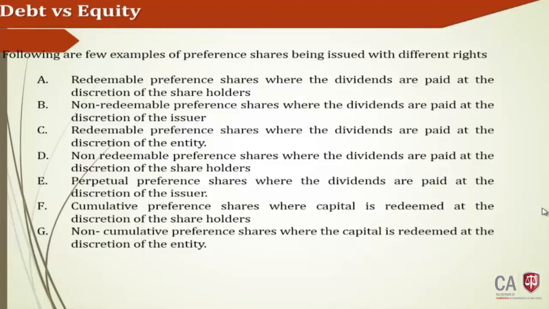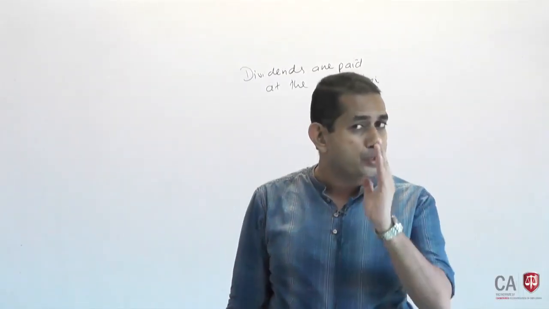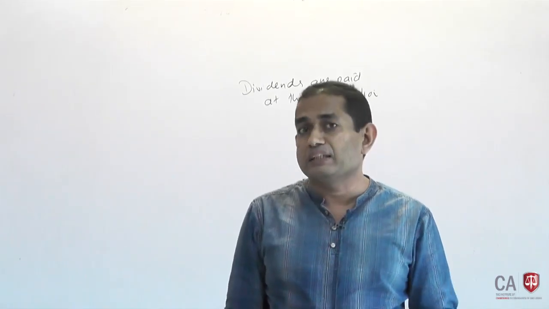Dividends are paid at the discretion of the shareholders. It is the shareholders who decide when to pay dividends and how to pay dividends, and that is what you need to be concerned about.